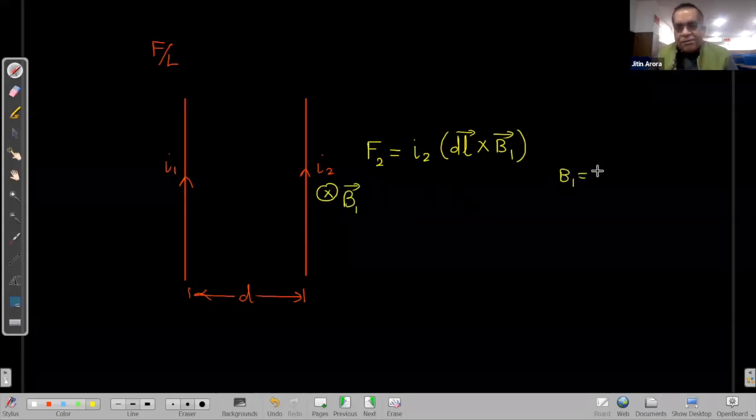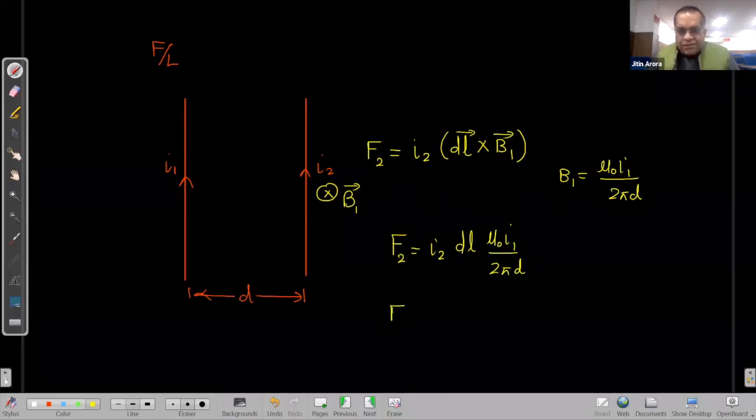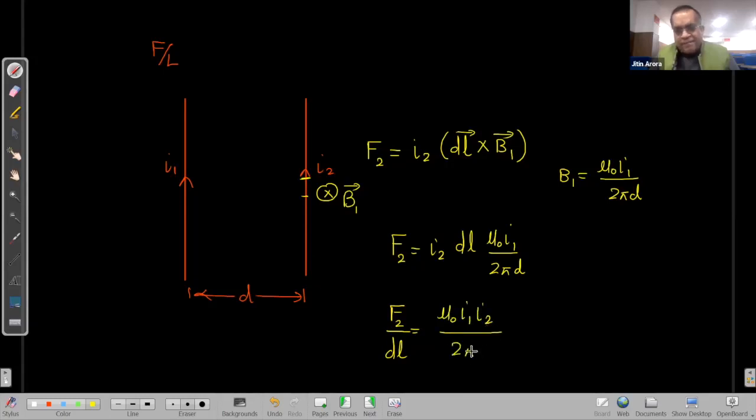B1 will be equal to mu naught I1 by 2 pi d. So F2 is equal to I2 dl mu naught I1 upon 2 pi d. So force per unit length, which is F2 by dl here, which is on a small element dl, is equal to mu naught I1 I2 by 2 pi d.